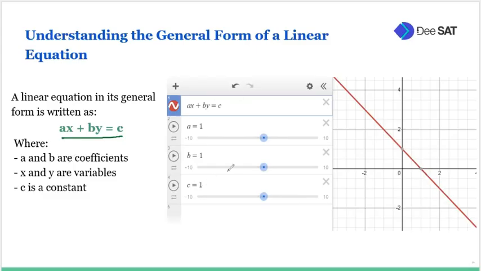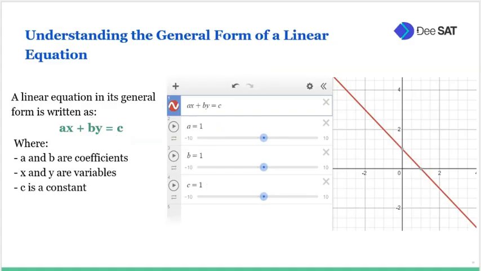Now, on a general plane, if you see this graph written over here, ax plus by equals c, I have taken a, b, and c, all three values equal to 1, and the line is plotted in front of you. Understand one thing, that a and b are the coefficients of x and y respectively, whereas c is the constant, and x and y are the variables, or you can definitely say that they are the coordinates on the line, right?